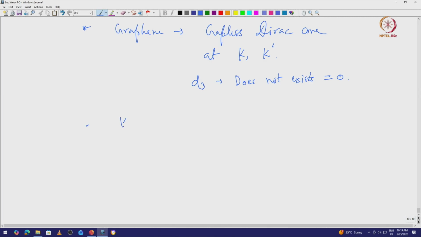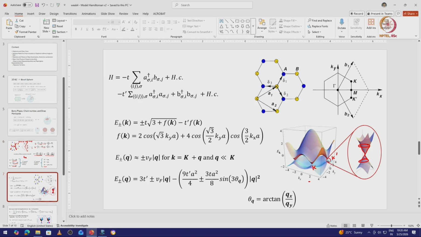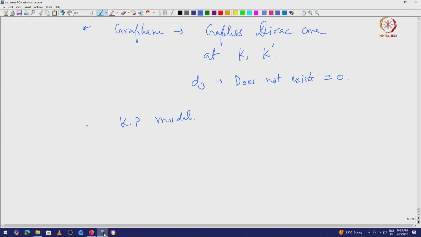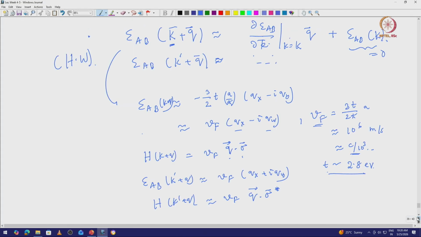And another thing for the k dot p model. Now, because graphene has two Dirac cones which are not the same, as we just showed, this Dirac cone and this Dirac cone have ky or qy directions opposite.